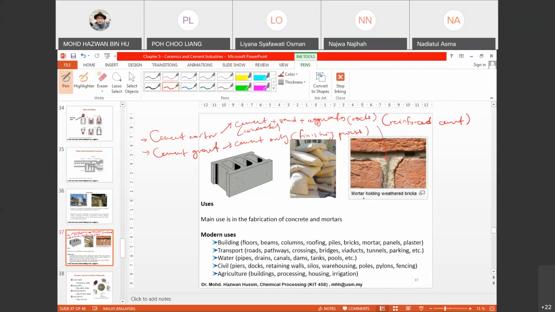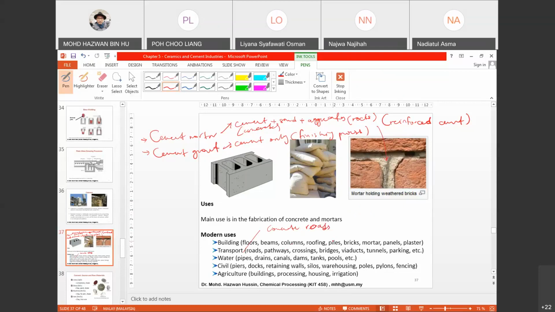The modern uses of cement, of course, in building, for the production of floors, beams, columns, roofs, piles, bricks, mortar, panels, and plaster. It is also being used in transport. So you might see some concrete highways or concrete roads.